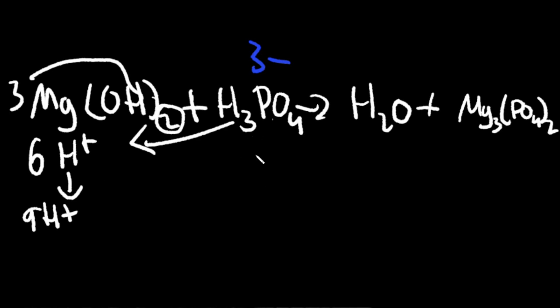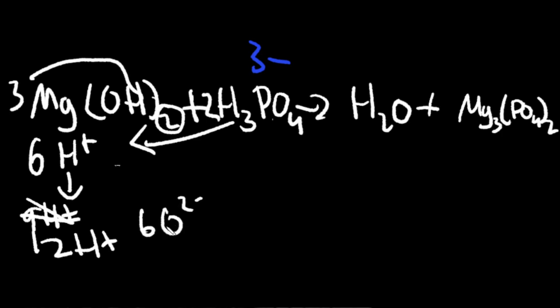Okay, and here you have 1 phosphate, but you have 2 here, so you just gotta double that, and you actually add 3 more, which is not 9 but 12 H plus, and you have 6 OH minus here, so your coefficient here will be 6.